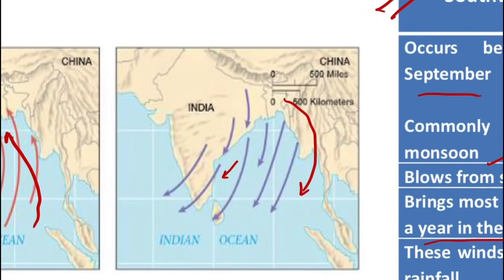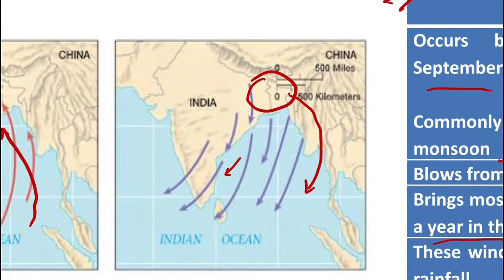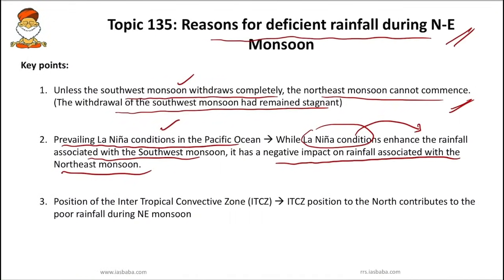In this figure you can see that usually the low pressures or cyclones which are supposed to form in the Bay of Bengal remain to the north. Because they remain to the north of their normal position, not much rainfall occurs over the southern regions like Tamil Nadu or Andhra Pradesh. So that is one condition.